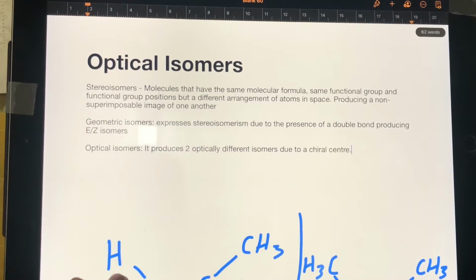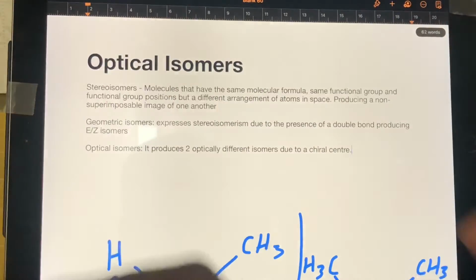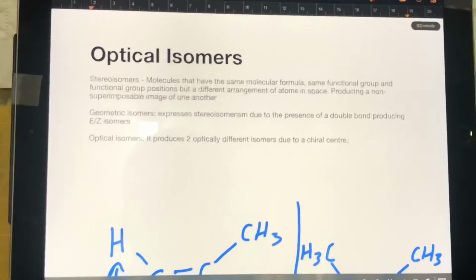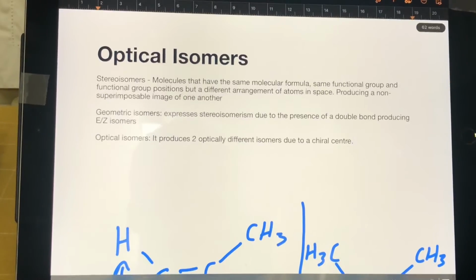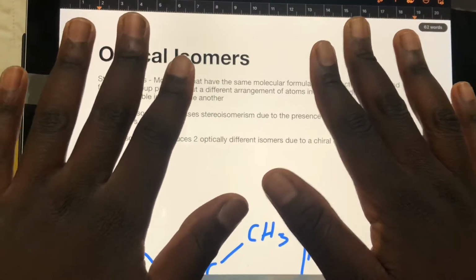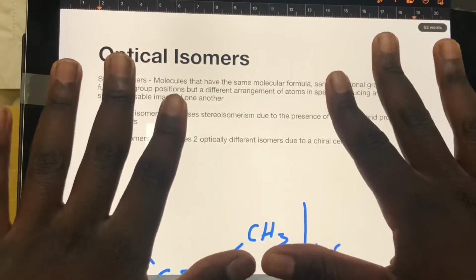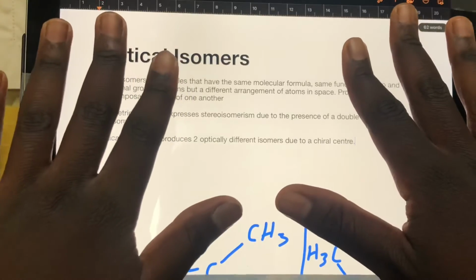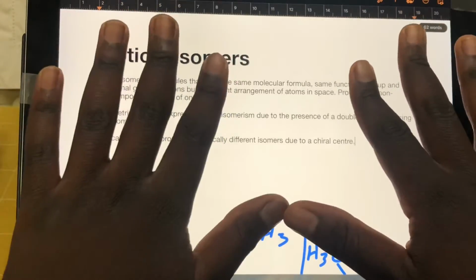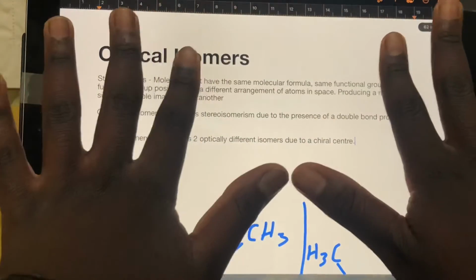For example, if I was to use my hands, if I was to get my hands here, they're mirror images of each other, but I can't twist my hand so that it becomes a left hand, if that makes any sense. Like, they're not the same. They're opposite with one another.